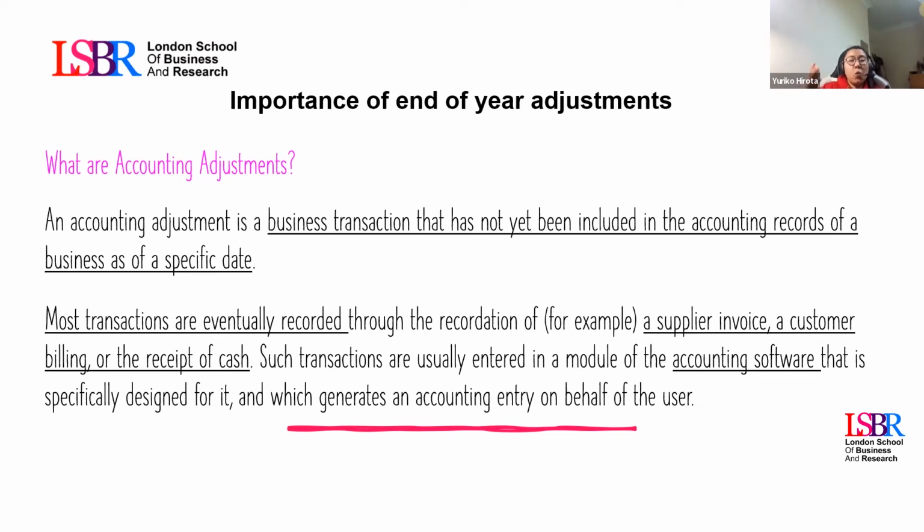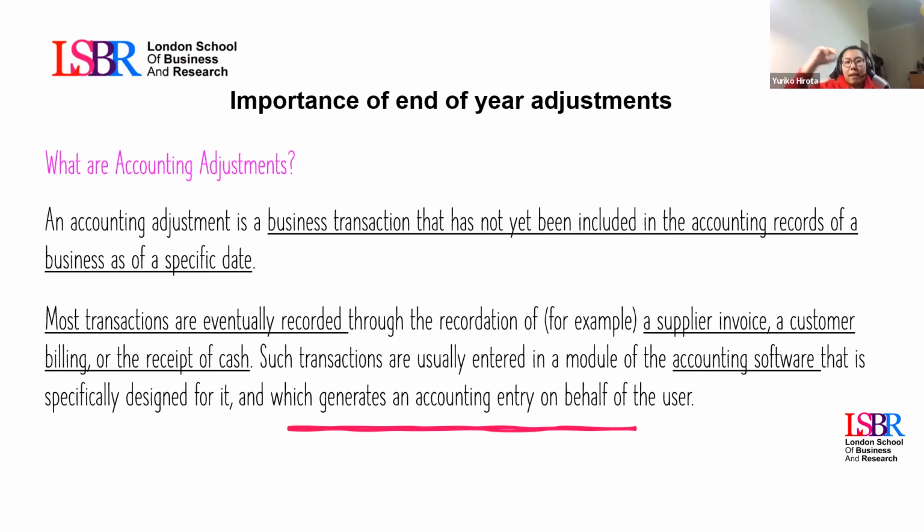So we need to wait until the service is provided in order to record the amount of the invoice. It could be an example in which we can do an adjustment at the end of the month, when that service or product is provided.